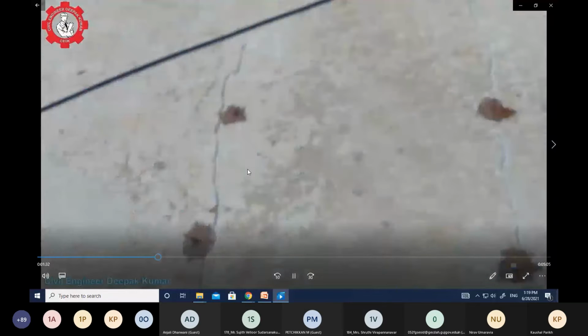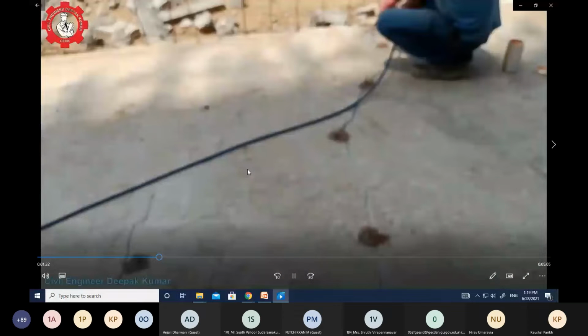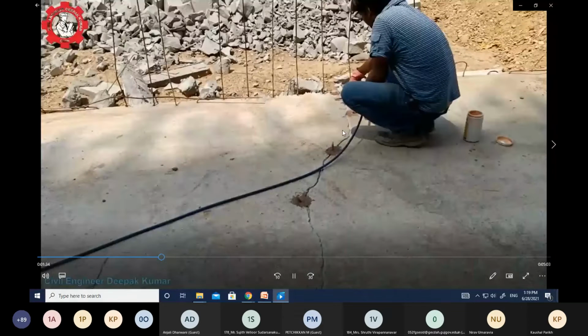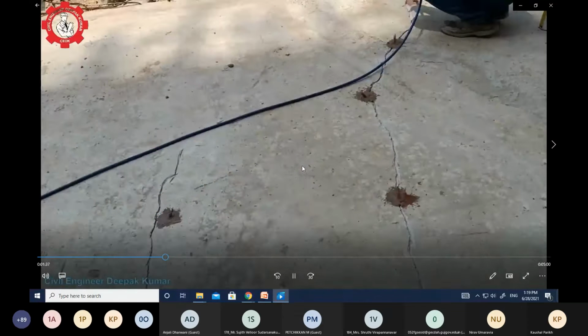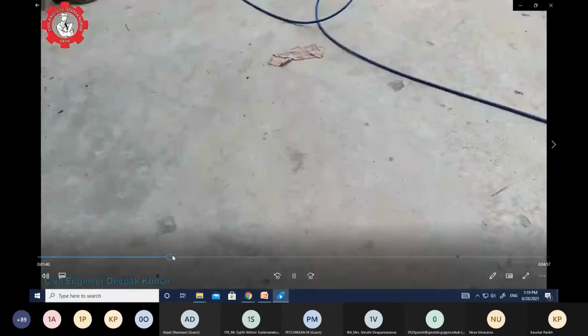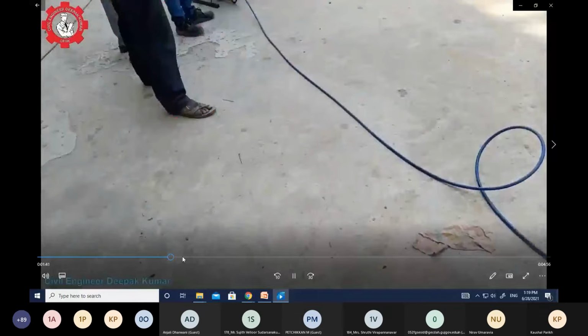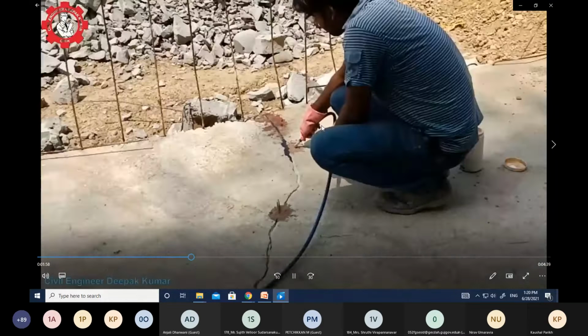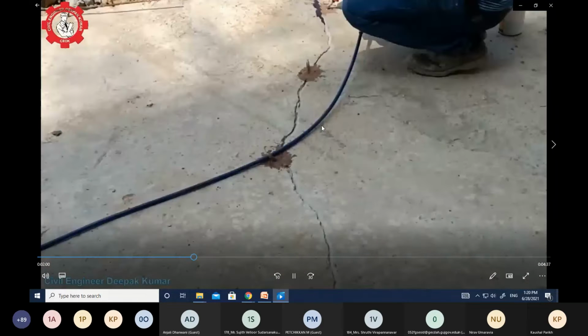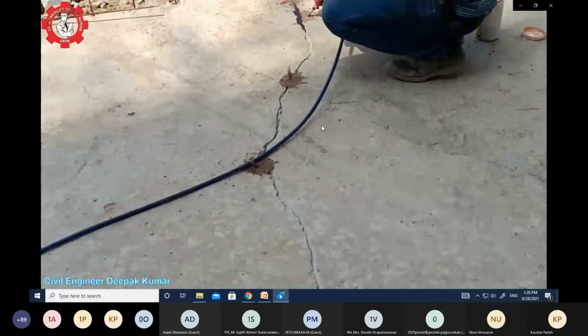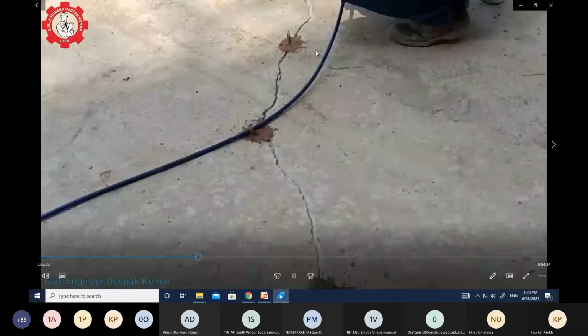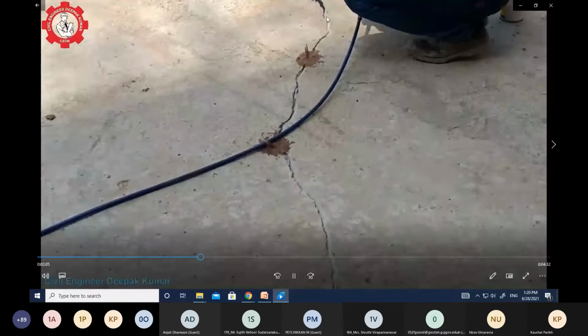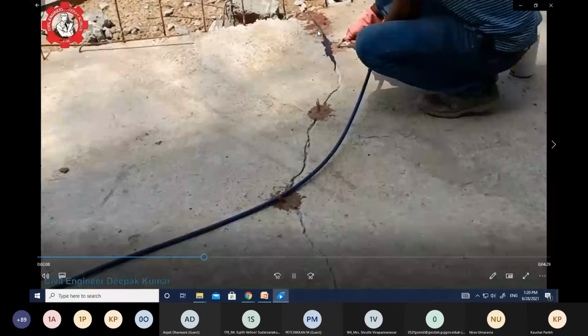At each and every crack, at a certain distance, a pot has been kept. So they are filling the crack. You can see the cracks which have been filled by the epoxy, as it's a fluid which moves from one place to another.